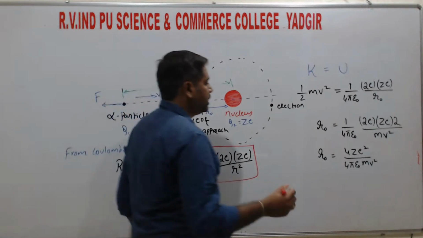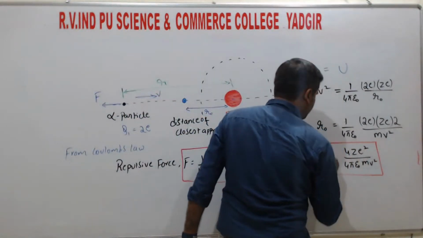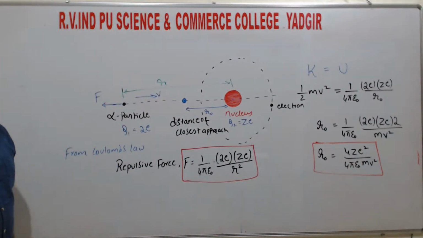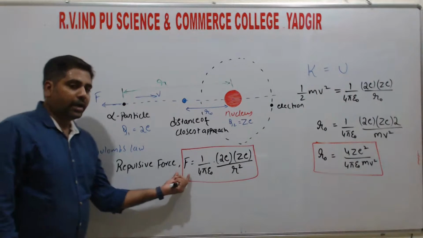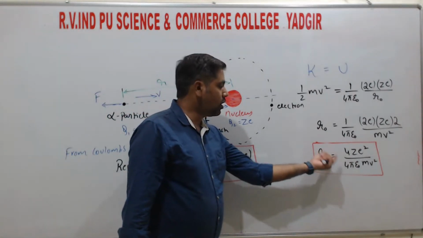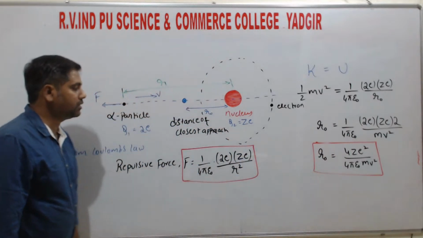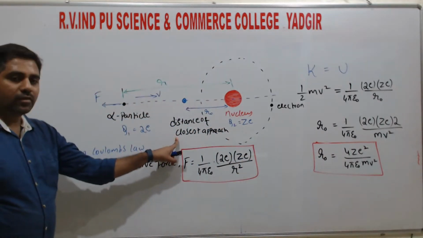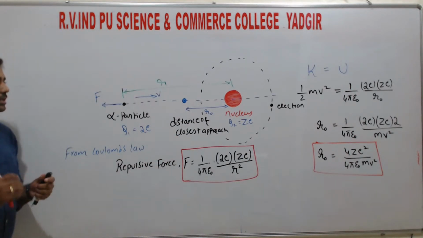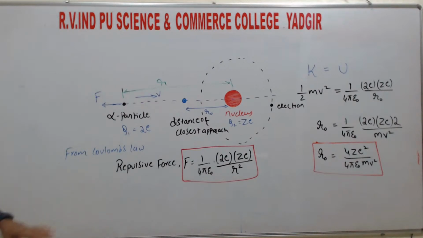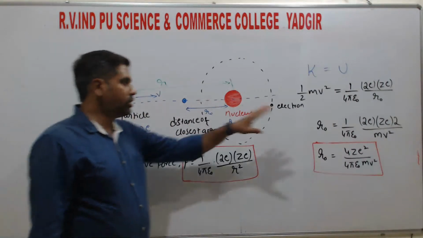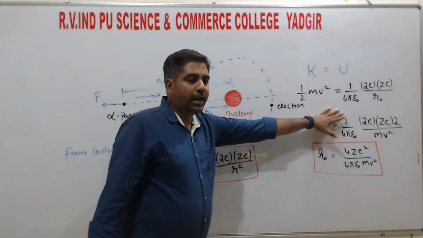So this is the distance of the closest approach where the entire kinetic energy is converted into its potential energy. This is the repulsive force and this one is the distance of the closest approach, right? So r naught is the distance of the closest approach. This is about the repulsive force, from Coulomb's law of electrostatics.